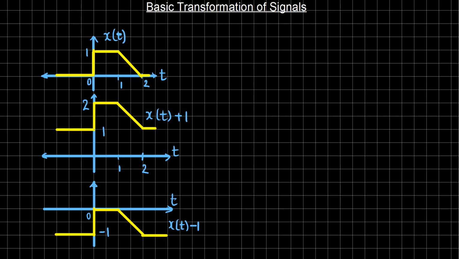So the operations are performed along the dependent variable. What are those operations? The first operation that we have performed is upshift. And the second one is downshift.